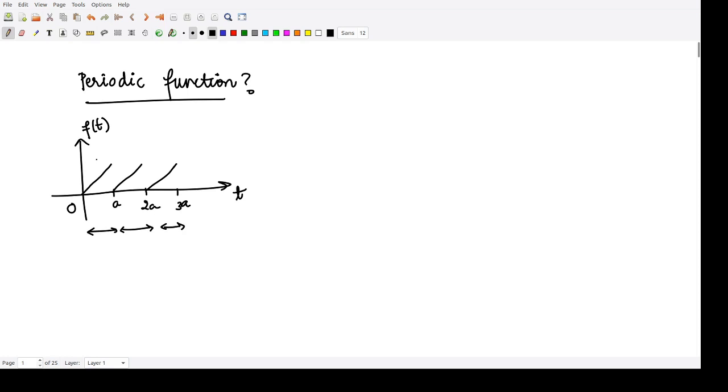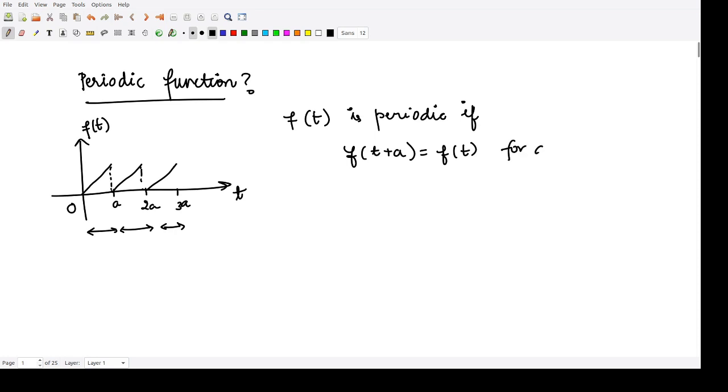That means this is a periodic function. We say any function f of t is periodic if f of t plus a is equal to f of t. This is the definition of a periodic function.